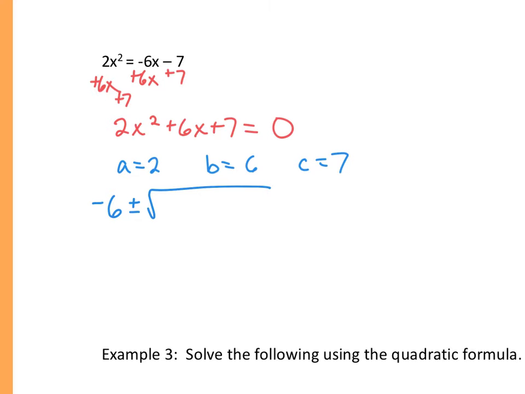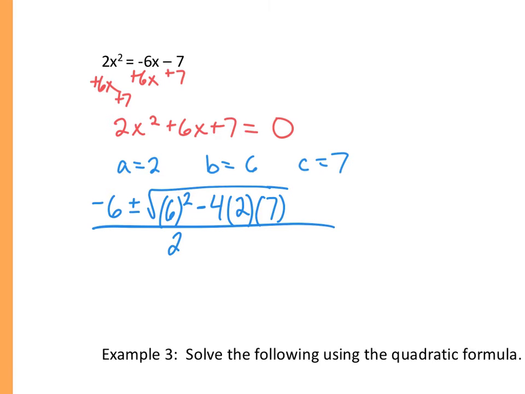B squared, which is 6 squared, minus what? Minus 4 times A, which is 2, times C, which is 7. Good. Over 2 times A, which is 2 times 2. Not that bad, right? Just a process.